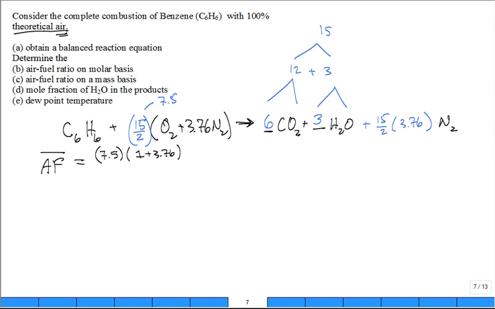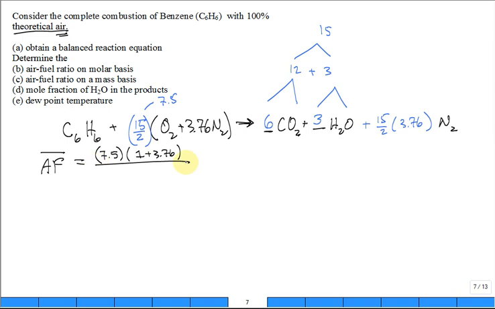And right here is where maybe 10% or 15% of the class will just wipe out. Because I'll ask them to compute the air-to-fuel ratio, and there'll be air in there. But to get 1 mole of oxygen, I need to carry along 3.76 moles of nitrogen, meaning I have to ingest 4.76 moles of air. Make sense?